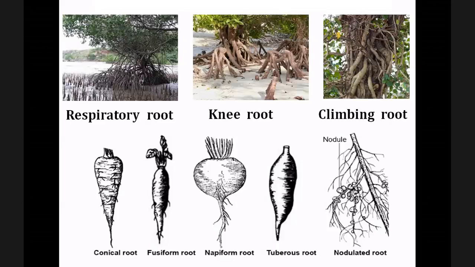Napiform root means the root is very broad at the top, then tapers suddenly like a tail at the bottom.